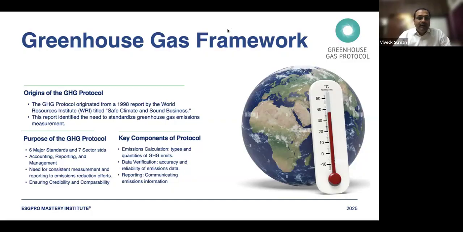Clear? Now, accounting, reporting, and management is the purpose. ARM is the purpose: A for accounting, R for reporting, and M for management. I will give you 3 acronyms today. Make sure that you write them, because you can link everything by these 3 acronyms.